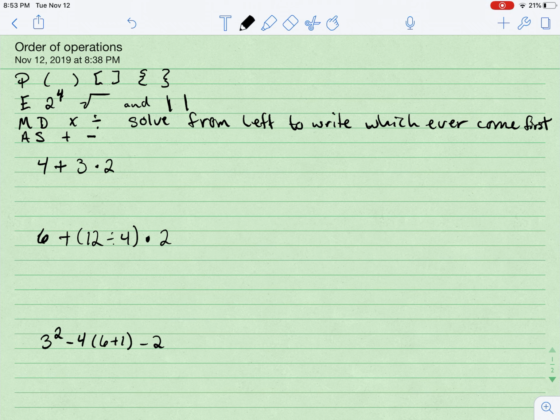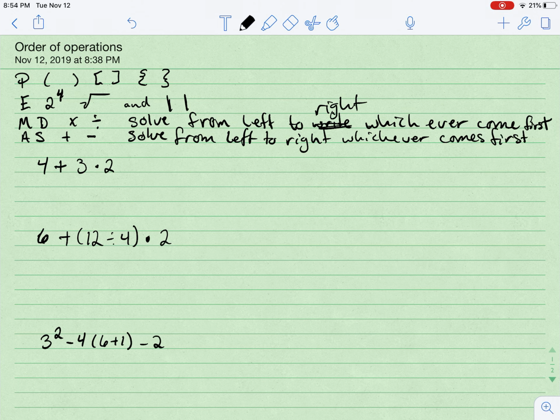Likewise with adding and subtracting, same thing, solve from left to right. And I spelled right wrong up there. That should be R-I-G-H-T. Whichever comes first. Okay, so just kind of add that on.